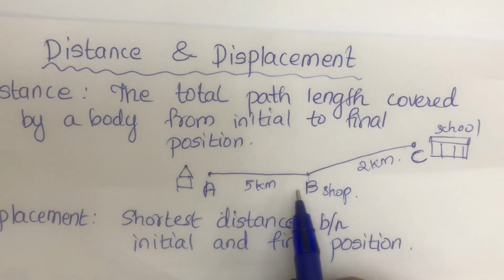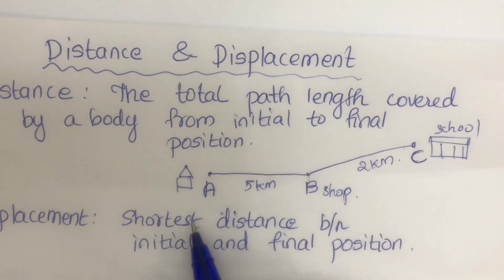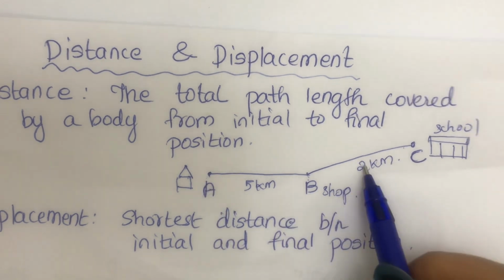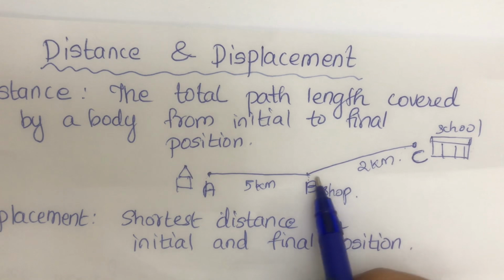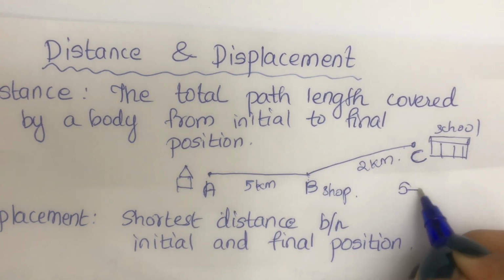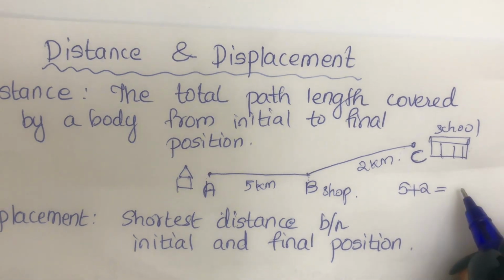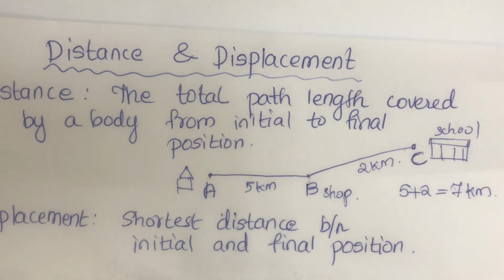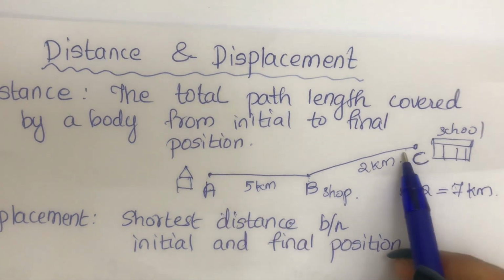What is the total distance covered by the body? So it is 5 plus 2. That is the total path length. So here distance is 5 plus 2, which is 7 kilometer. Distance is the total path length covered from initial to final position.